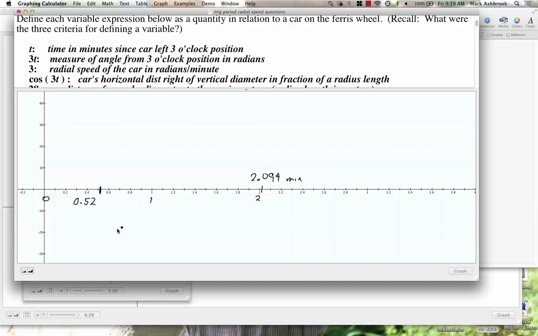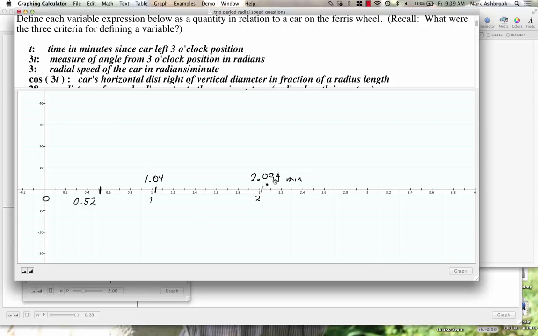That's 1/4 of the cycle. Then you can multiply this by 2. What will we get? 1.04. And then you could take 3/4 of that, or you could add a half plus a quarter.